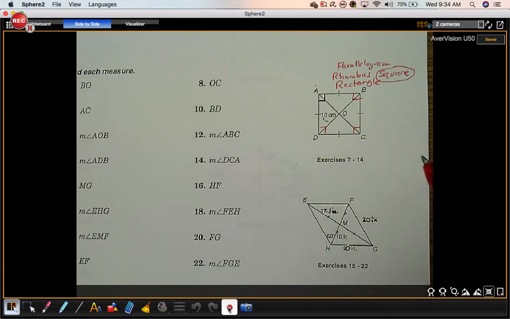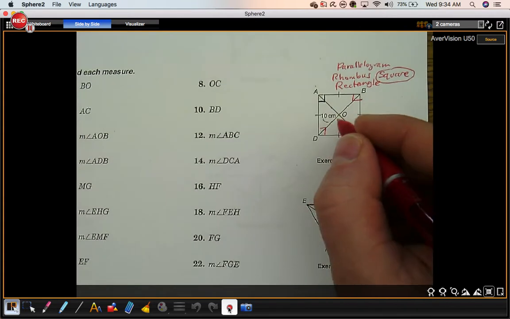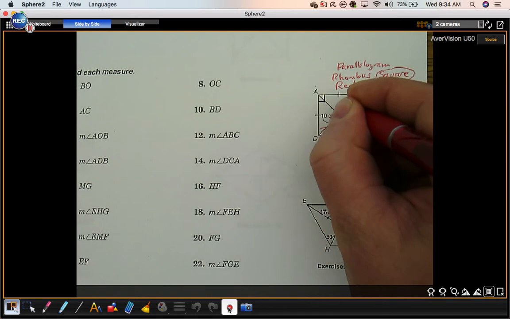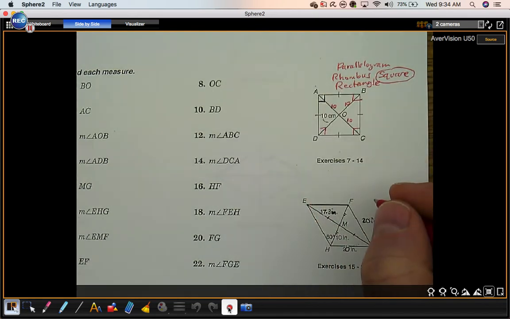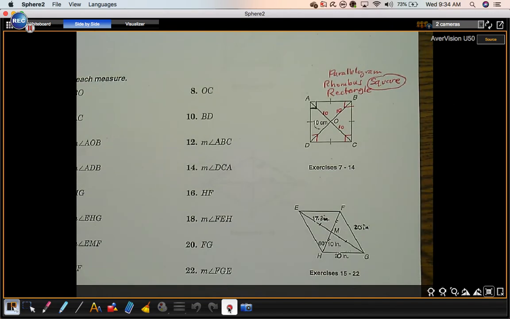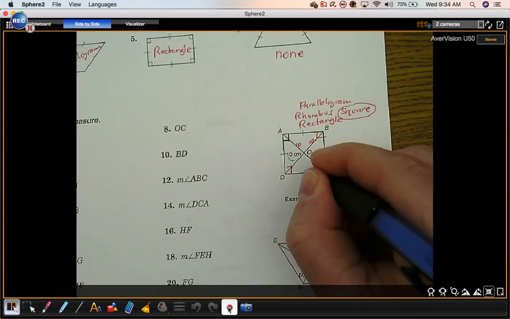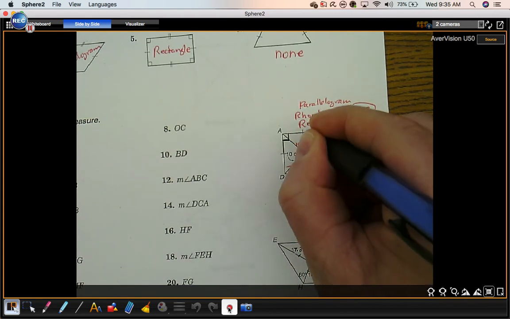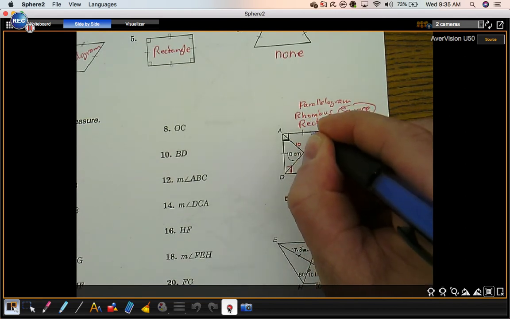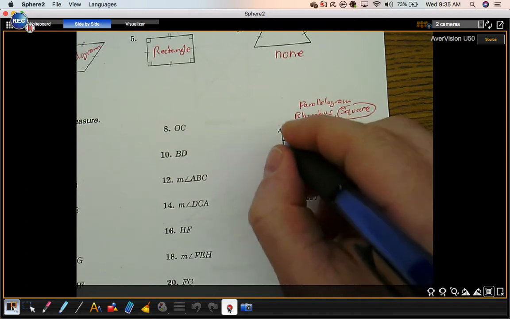Now, I know things about squares. I know if this piece is 10, then that's 10, that's 10, that's 10. I also know that every single one of these angles in the corners is 90, and they get bisected by those diagonals.